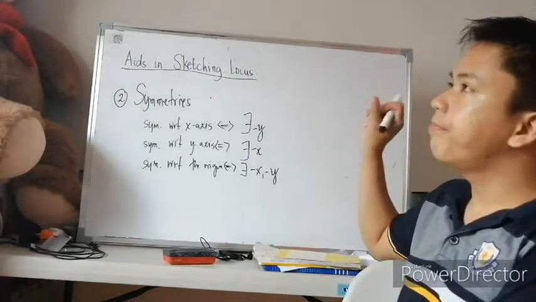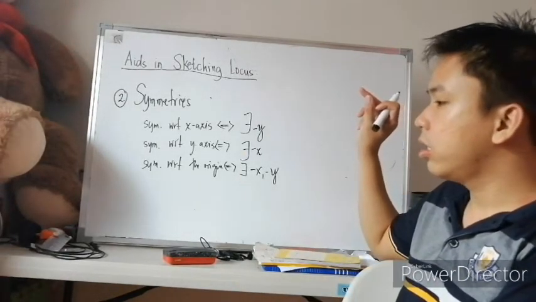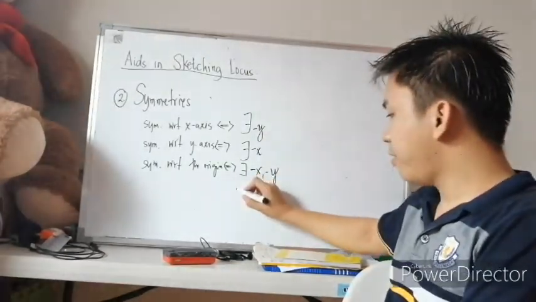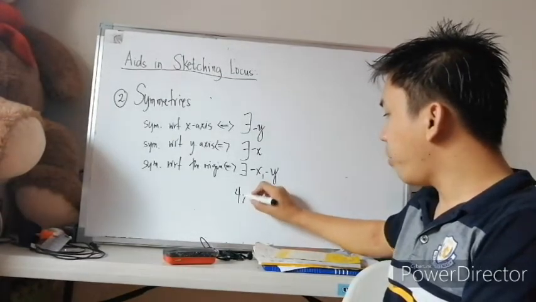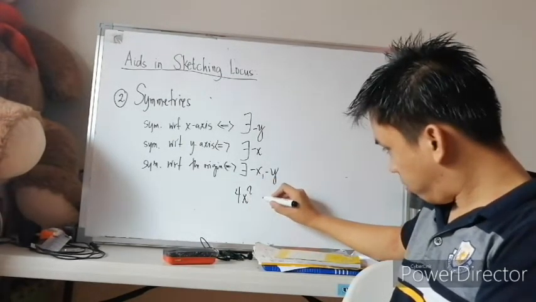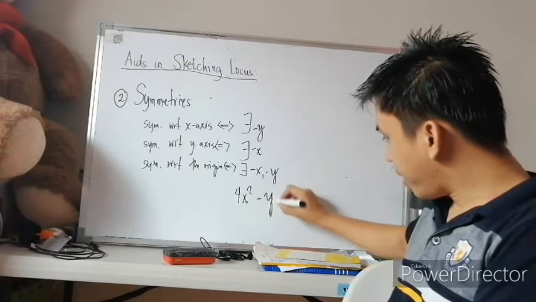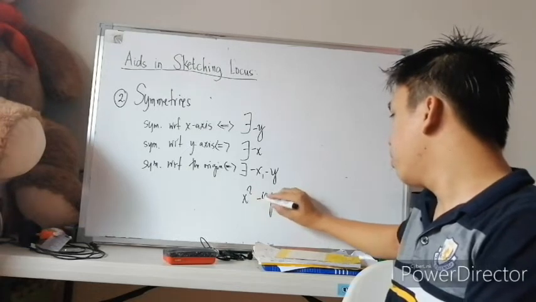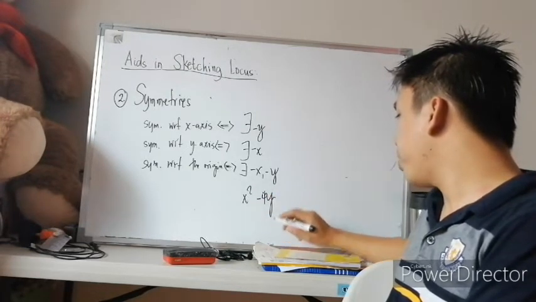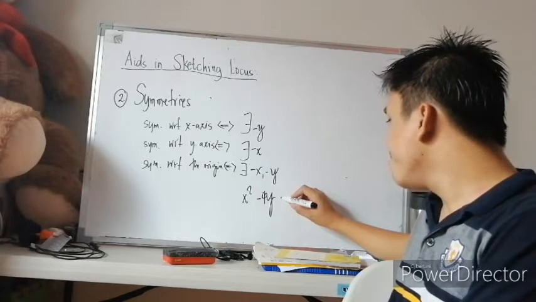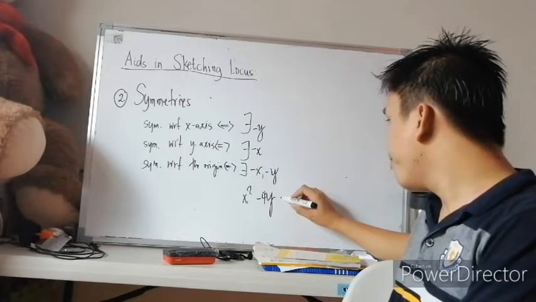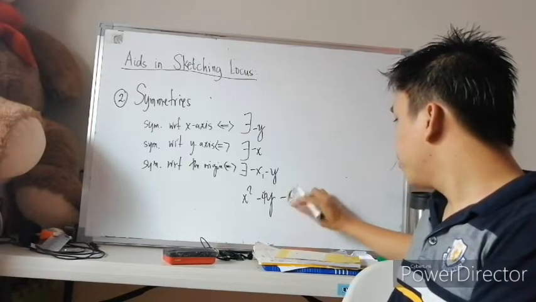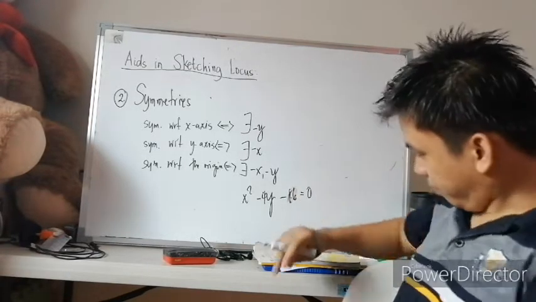For example, I have the graph x squared minus 4y minus 16 equals 0.